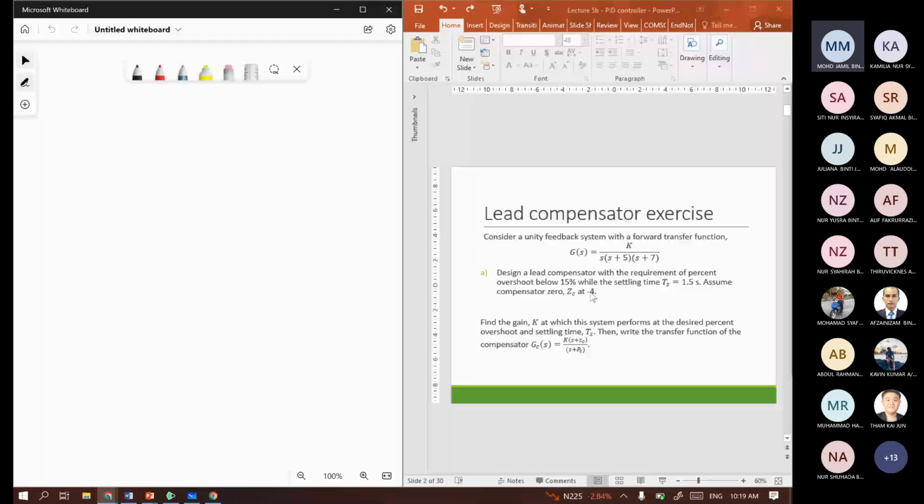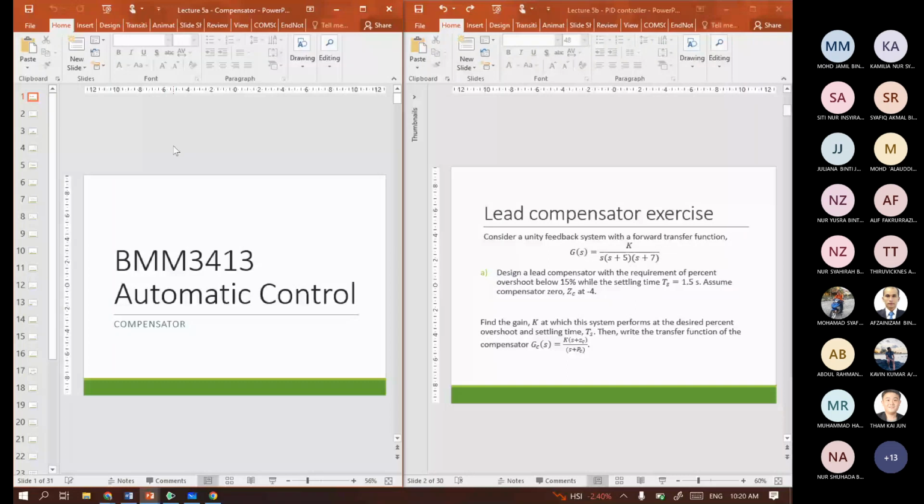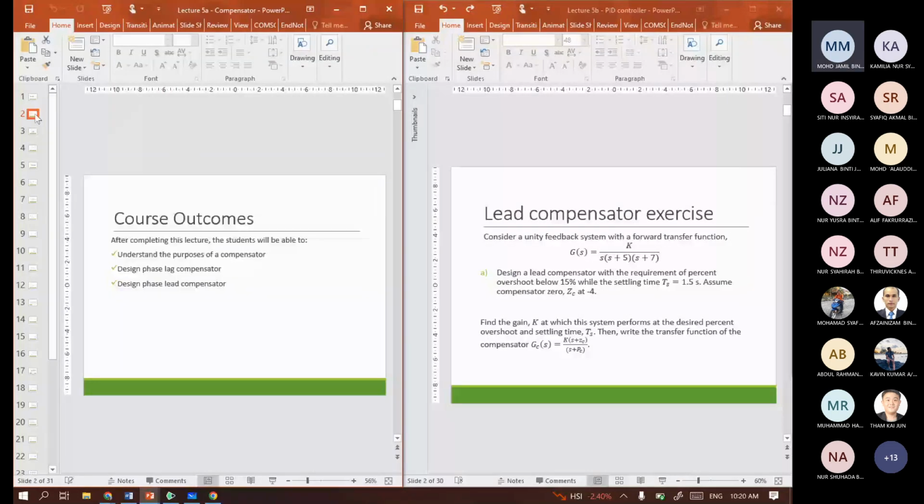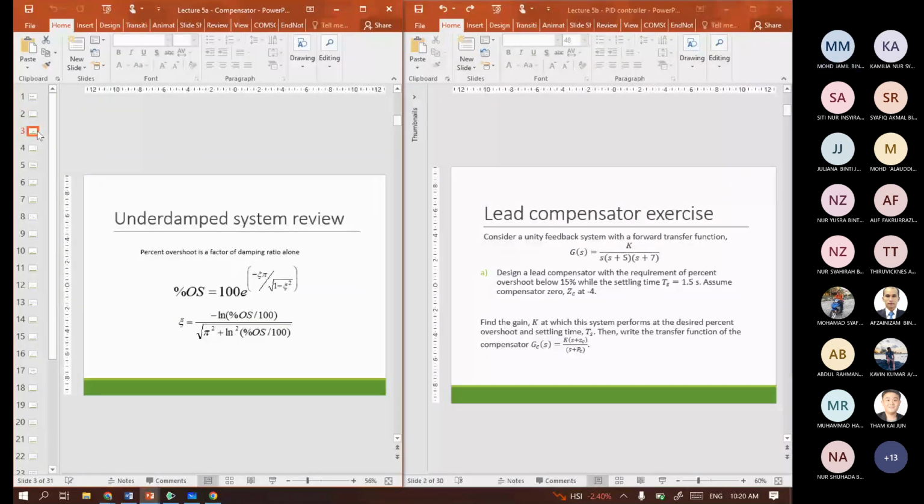So if you are given this kind of question, you are going to first determine the dominant pole for the transfer function at the given overshoot and settling time. If you have the slide from the previous lecture, we have some formulas given in the slide, such as the percent overshoot and also the settling time.